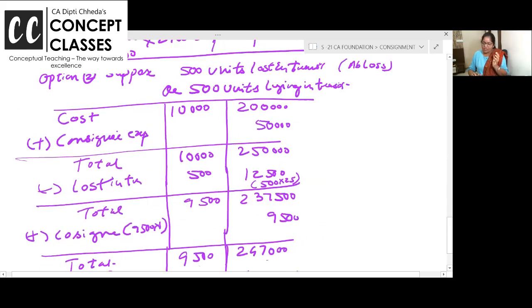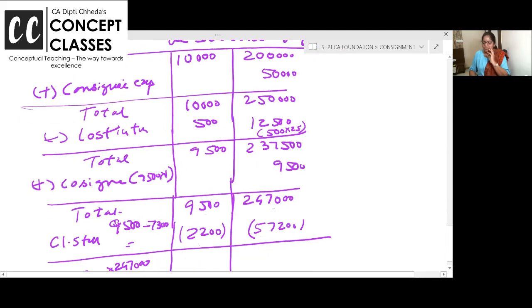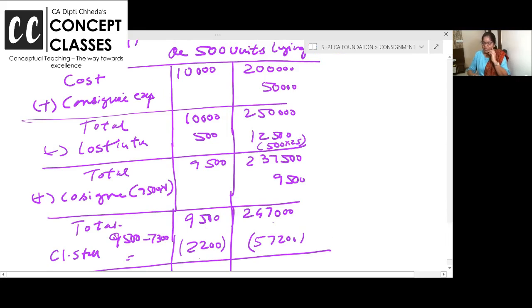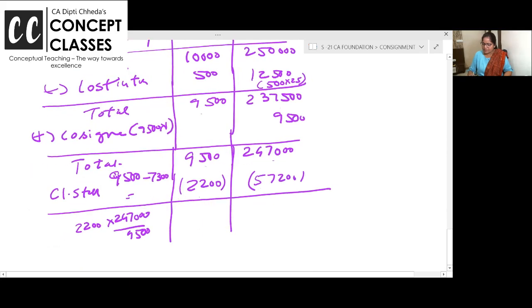Is this clear or confusing for anyone? 10,000 goods I have sent you. 500 units are lost in transit. Take them out at 25. Those units which are lost in transit, they also get 5 rupee per unit. That is added, 5 rupee per unit. And now you got these many units. Add consignee's expenses. This is the total.